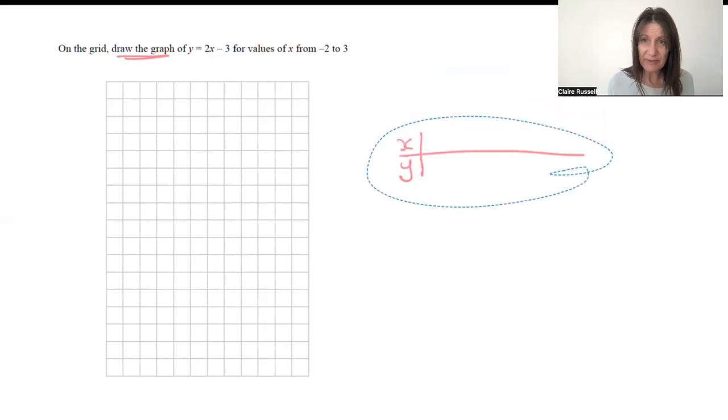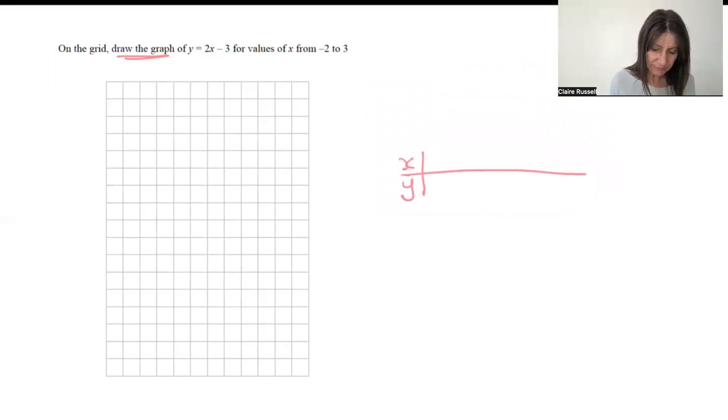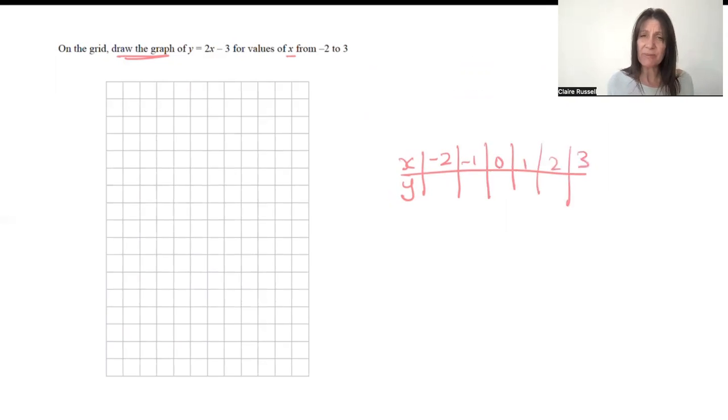Okay, so let's just bring that down where we can see it. They've told us very clearly that the X values are going to be -2 all the way to 3. So those are the numbers that we're putting into the table. The rule is what helps us find our Y. Y is going to equal 2x minus 3. So my rule is 2x minus 3.